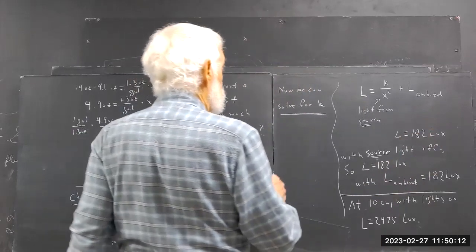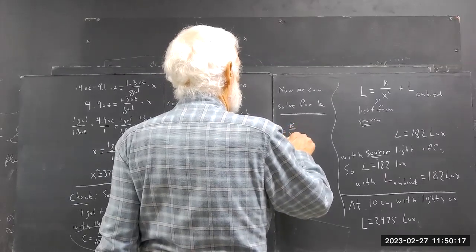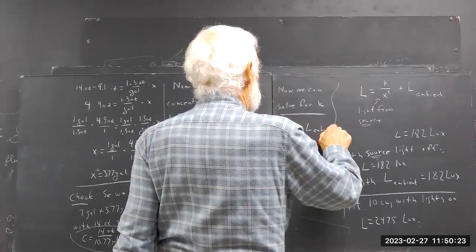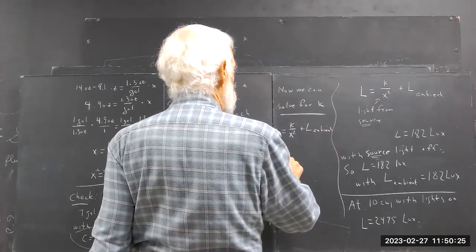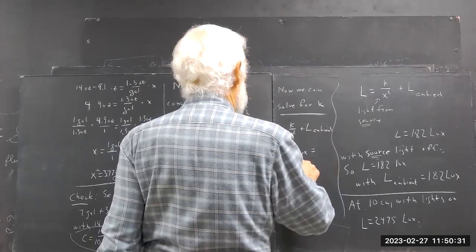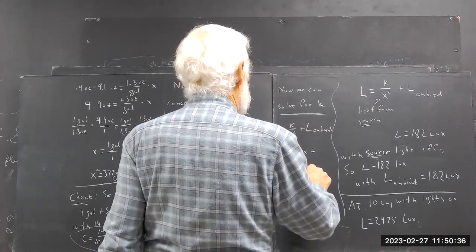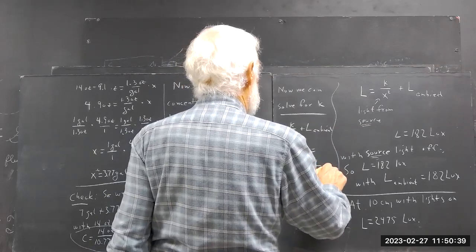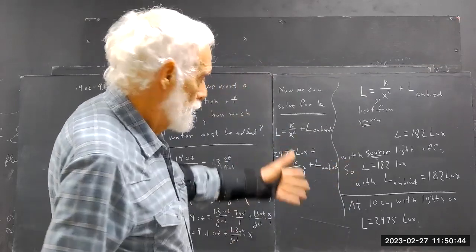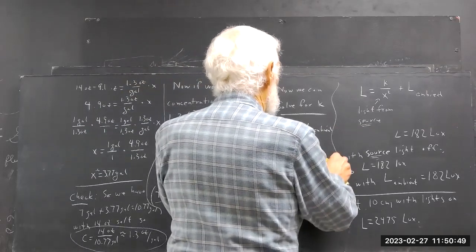So we can write the equation. There's our equation. It's not L ambient anymore. We got a number for that: 182 lux.